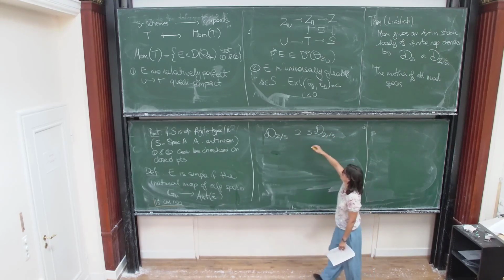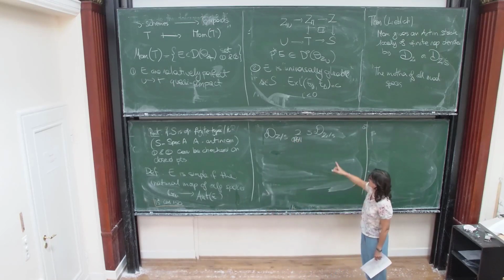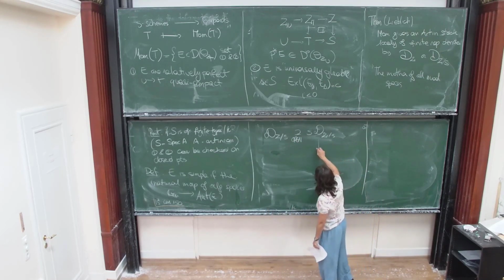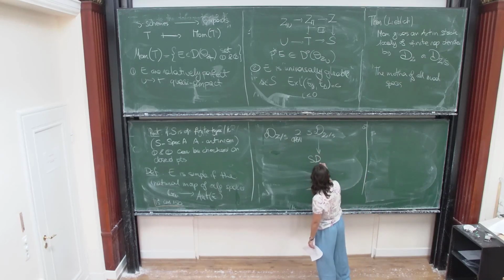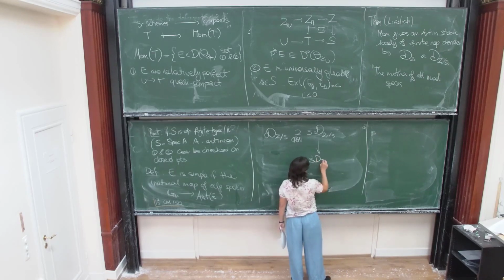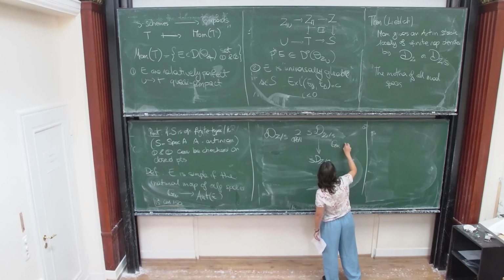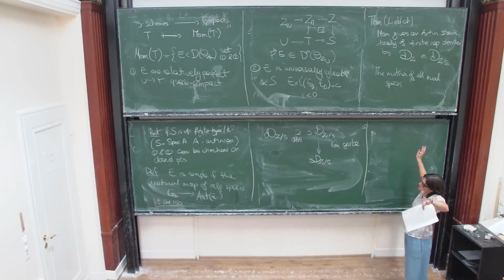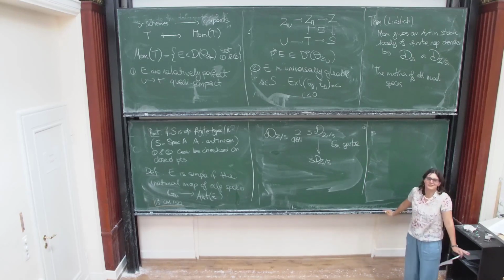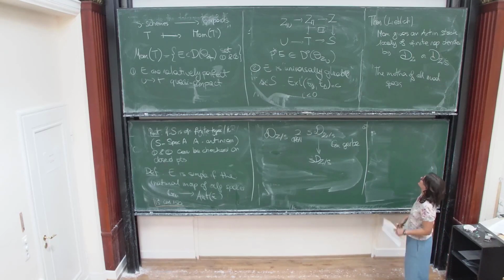And this is an open substack, and this is a better stack because it has a coarse moduli space that I will denote as Roman D_S, and this map is a G_m-gerbe. If you don't know what G_m-gerbes are, they are nice stacks, much better than Artin stacks of locally finite representation.